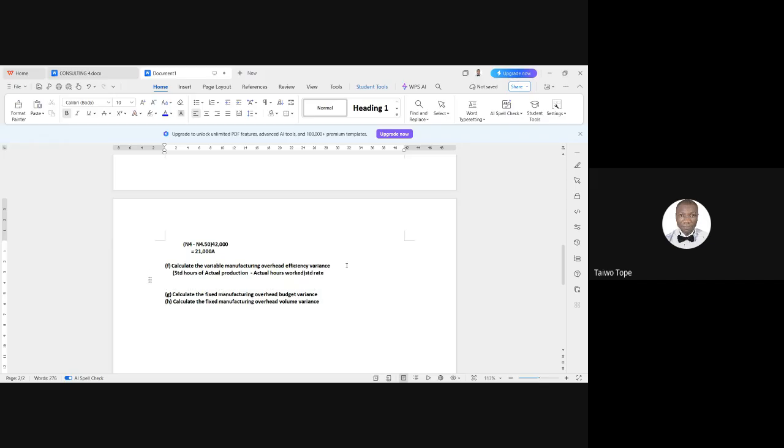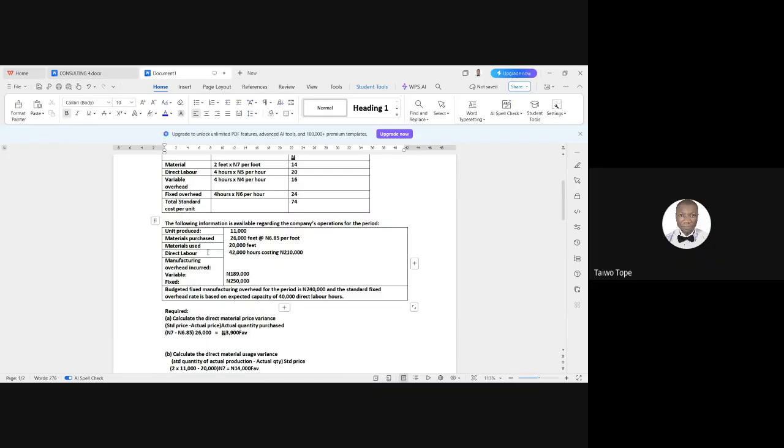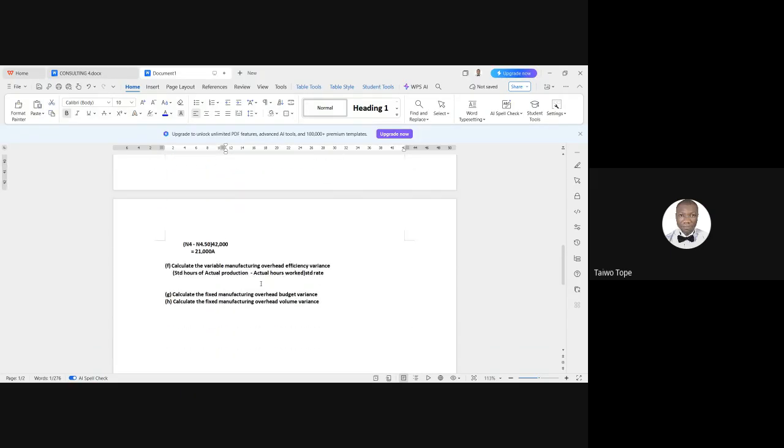From the question, your standard hours of actual production, based on variable, is 4 hours per unit multiplied by 11,000 units, which is 44,000 hours.